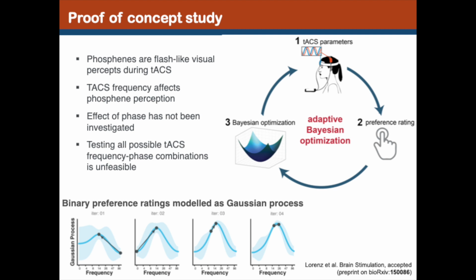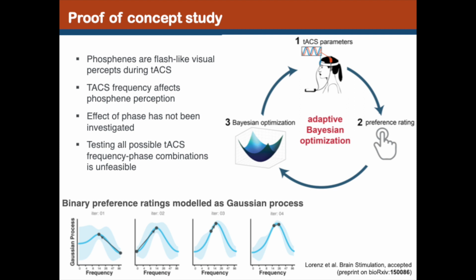So the idea here is that you have a participant with the electrodes in a different configuration. They are shown phosphenes or not, and they just have to stare at a screen; this could work with a white wall as well.